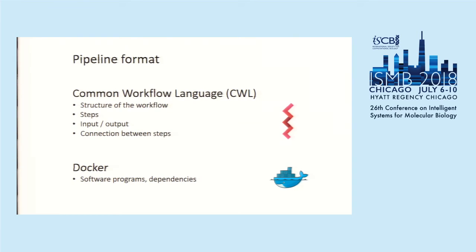If you want to develop any software tool around this, it's relatively easy. And we are using Docker to pre-install all the dependencies for our pipelines and then create an image so that the same set of dependencies in the software with the same versions can be used across all the data that we're processing. And we're sharing all these CWL and Docker images with the public so that anyone can use the same workflow to process their own data.